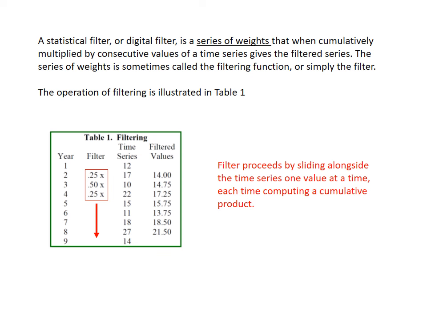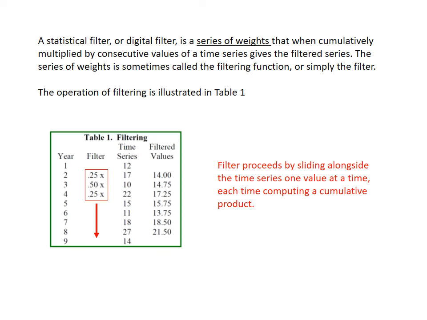So for example, in table 1 here you have 9 years of data, and your filter is taking 3 values at a time, and it's outputting a single value that is the sum of 25% of the first one you're looking at, 50% of the second one, and 25% of the third one.